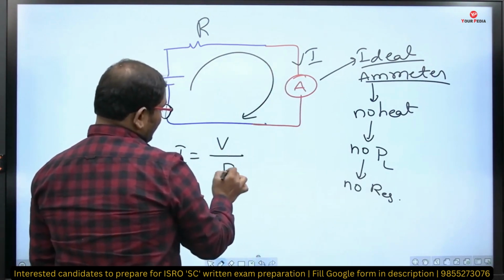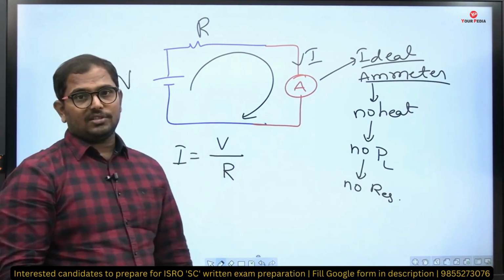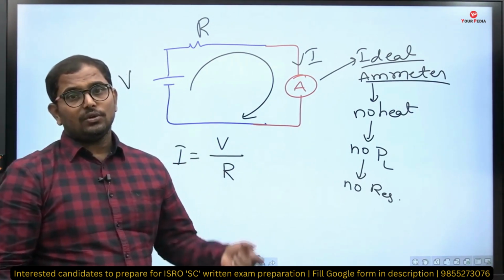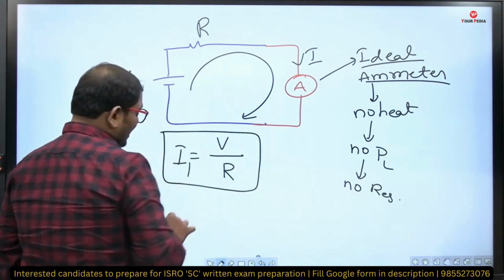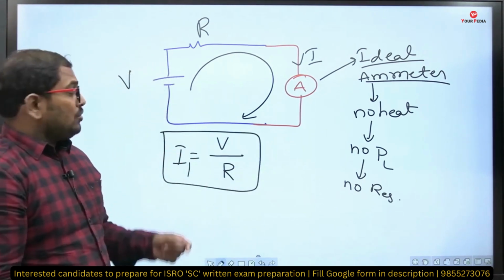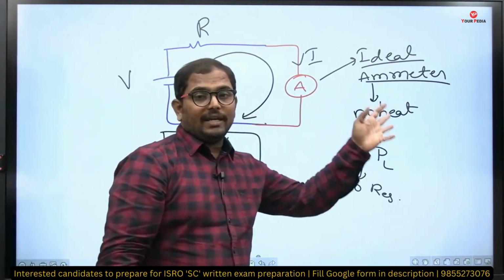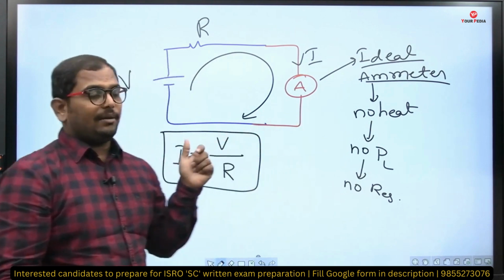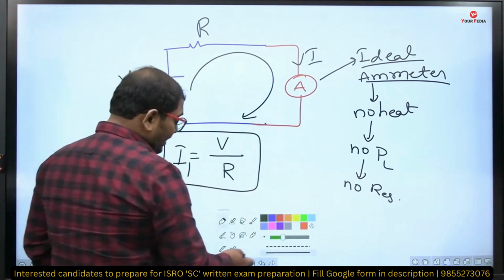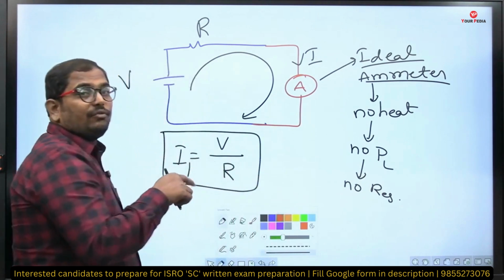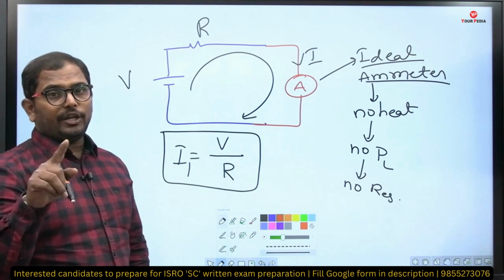Its value depends directly on the ratio of voltage to resistance. Let me take this current as I1. When we assume the ammeter is ideal, we get the current as V by R, and this is the actual value of current we need to measure.